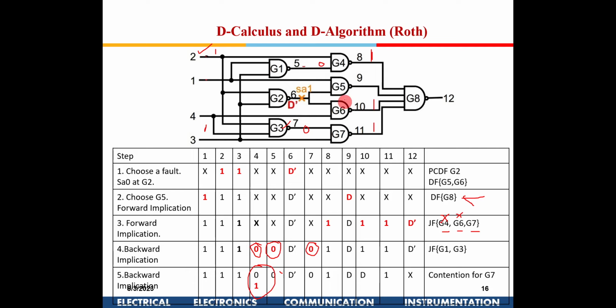The third option available is that I can simultaneously take both these paths, because D also can come here, and D also can go here. So probably in the third run, or even in the second run, because it is event driven, rather than going from 0 1 selection, then going to 1 0 selection, and then coming to 1 1 selection, it would be a better option to make a selection of 0 1, 1 1, and 1 0, because there were 2 paths.